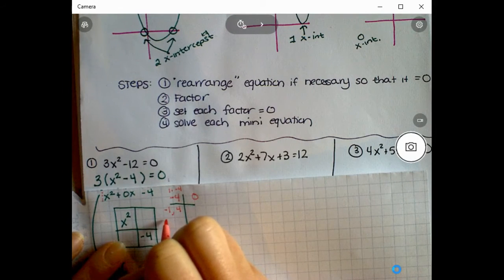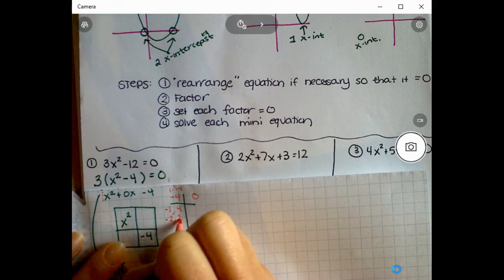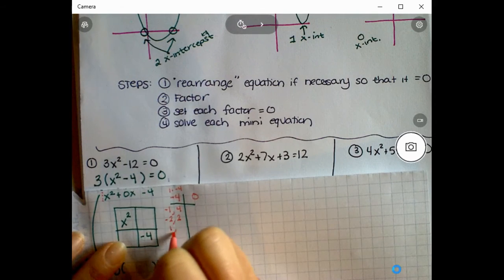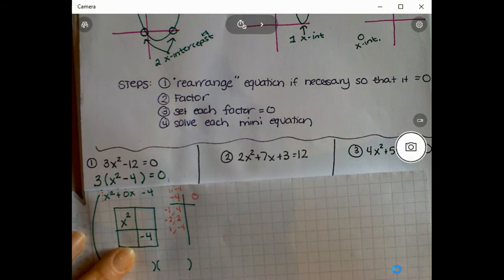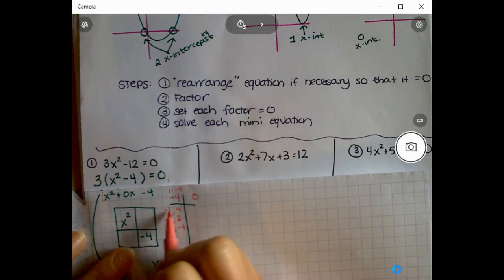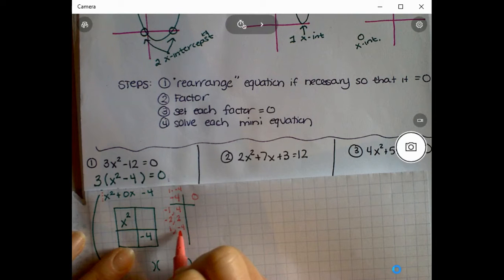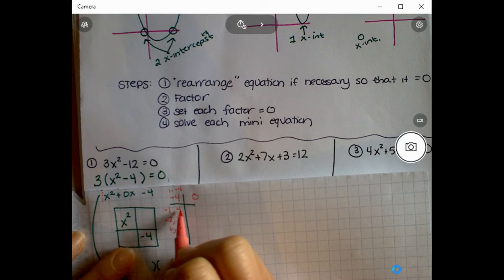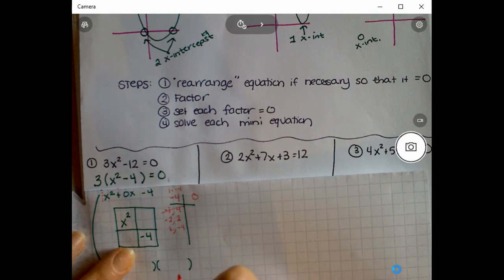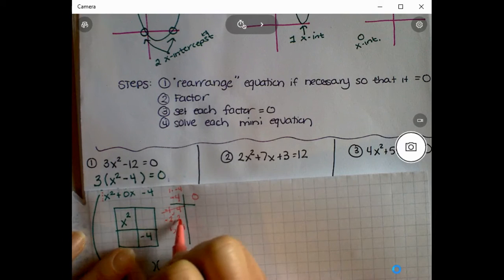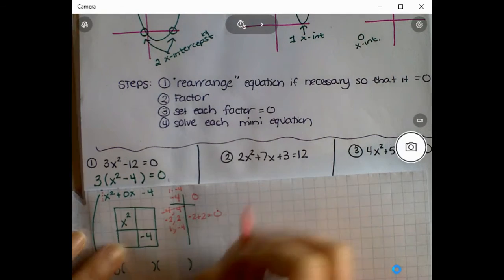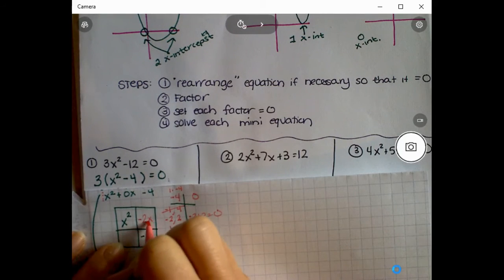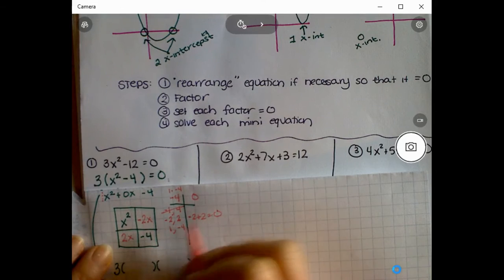It could be negative 2 times 2. It could be 1 times negative 4, and the opposite. Those are our only options. So now we need to say which one of these pairs will add up to 0. Well, negative 1 plus 4 is 3, so that won't work. Negative 2 plus 2 is 0. Hey, that works. So we're going to put into these negative 2x and positive 2x.